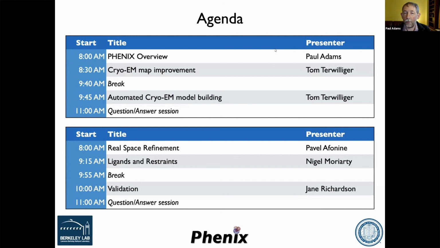So yes, it's perfectly fine to carry out probably not the automatic version of map sharpening, but rather a model-based map sharpening or a trial and error map sharpening, where you blur it by 10 angstroms or sharpen it by 10 angstroms, look at it, and decide which one you like.